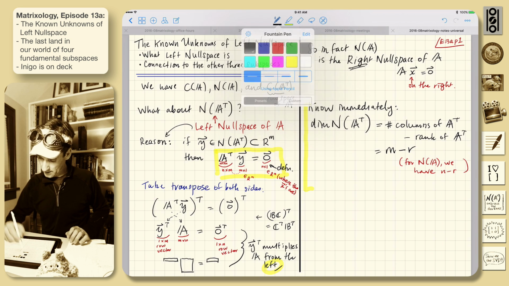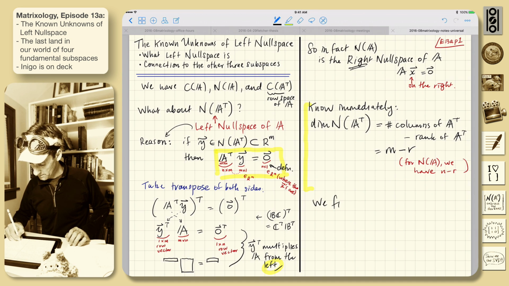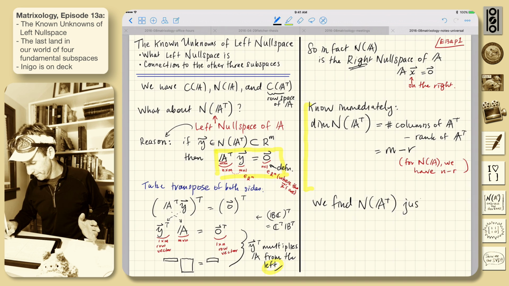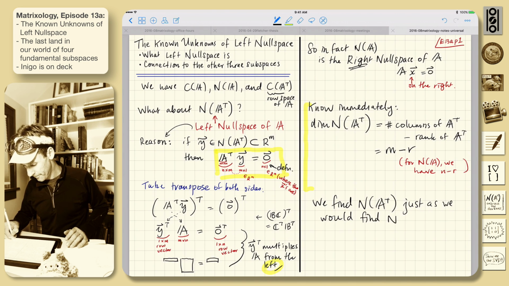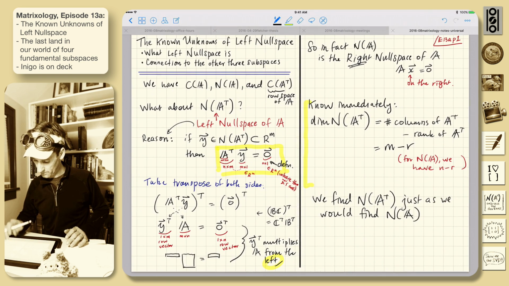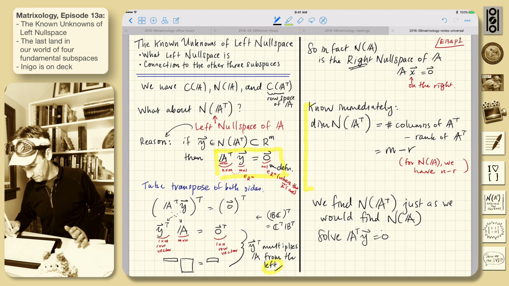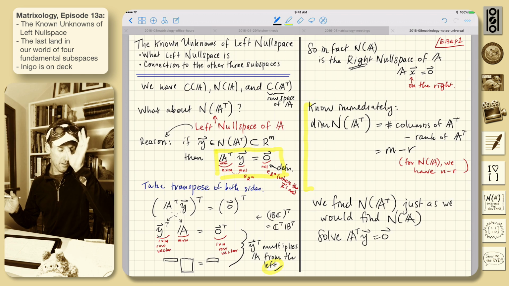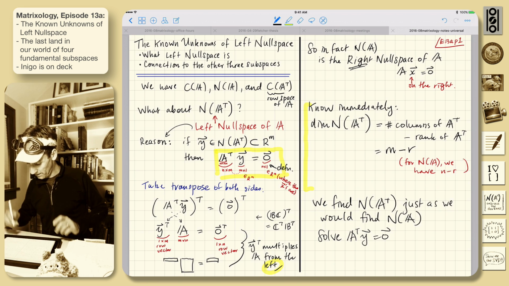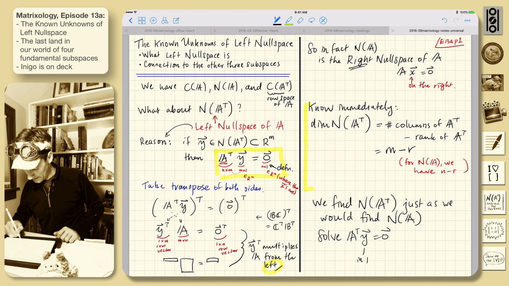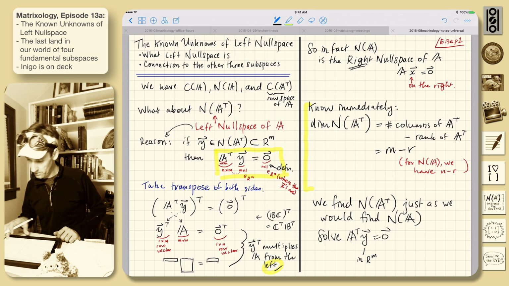We find the null space of A transpose just as we would find the null space of A. So we solve just one example, we just solve A transpose y equals 0. Y is an M by 1 thing, this is in Rm.